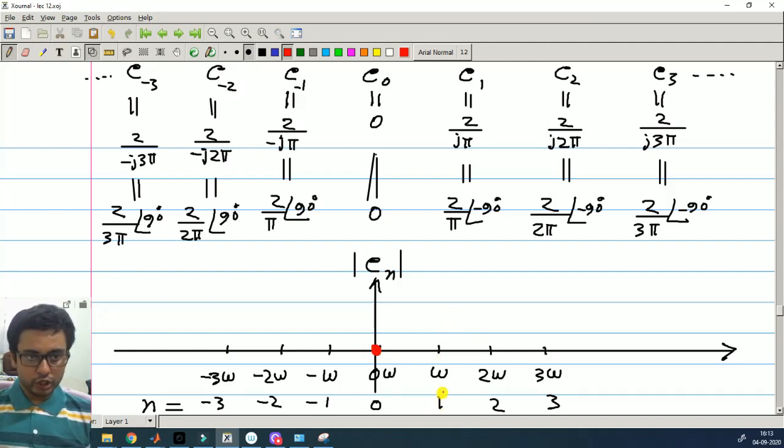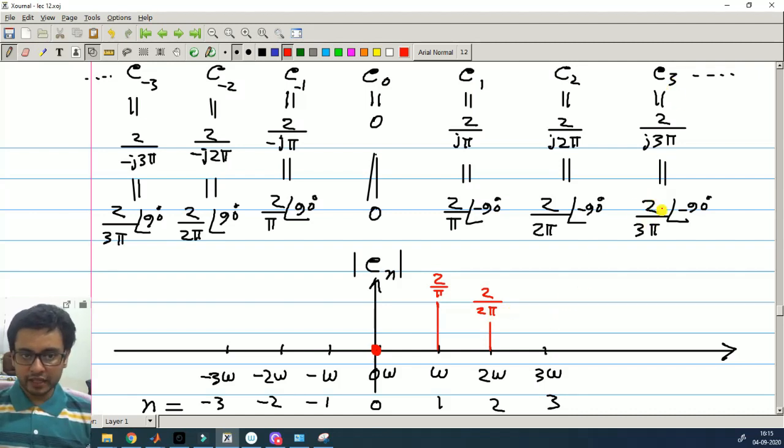Then for n equal to 1, C1 has a magnitude of 2 over pi, so we shall plot a vertical line with height 2 over pi. Then C2 has a magnitude of 2 over 2 pi, so at n equal to 2 we will plot a vertical line with height 2 over 2 pi.